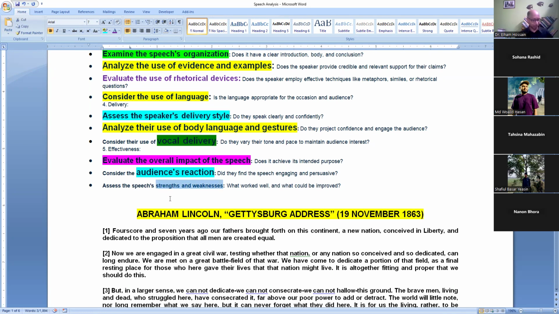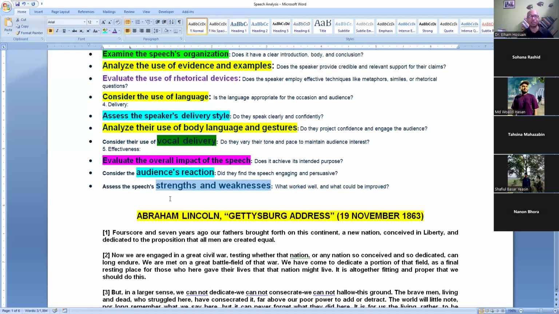And then you have to assess the strengths and weaknesses. This is the last point that you have to think of while analyzing a speech. What are the strengths and what are the weaknesses in this speech? All these points may not be equally strong or equally weak.